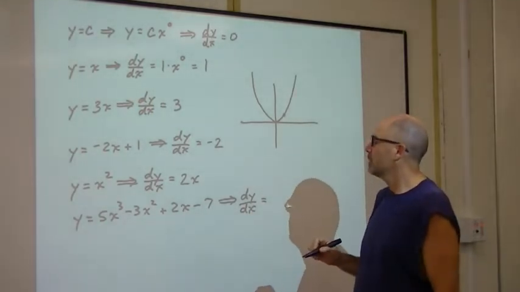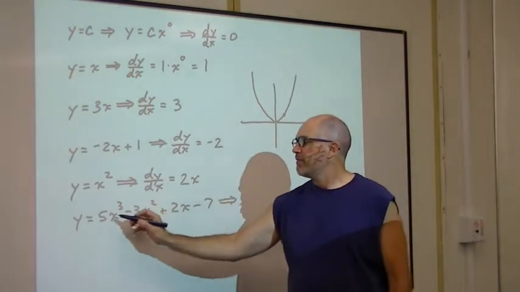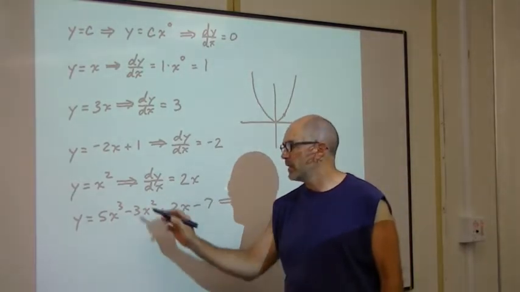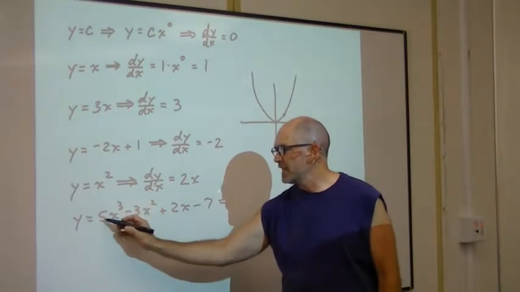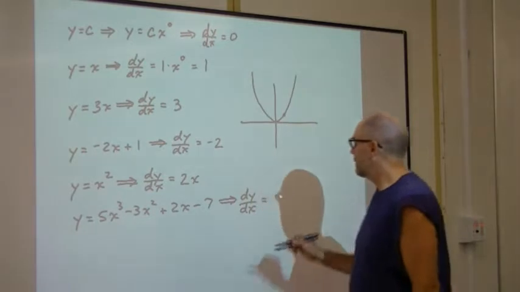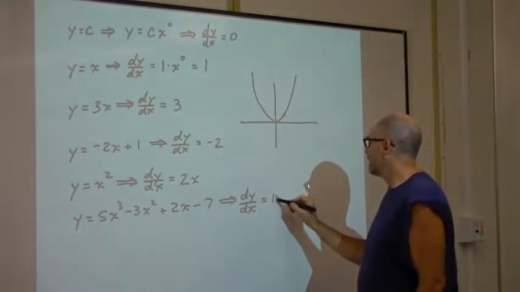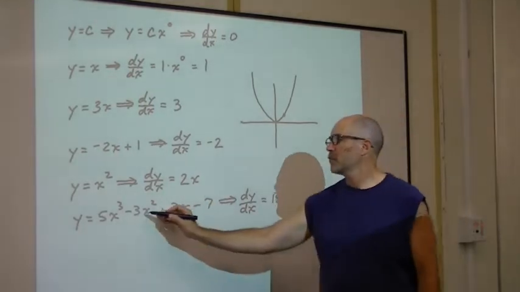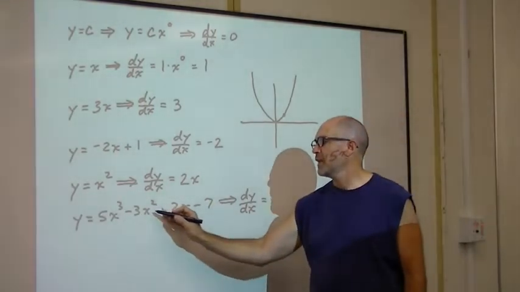All right, so if I have 5x cubed, what's the derivative of 5x cubed? It's 3 times 5x squared. So that becomes 15x squared. What's the derivative of minus 3x squared?